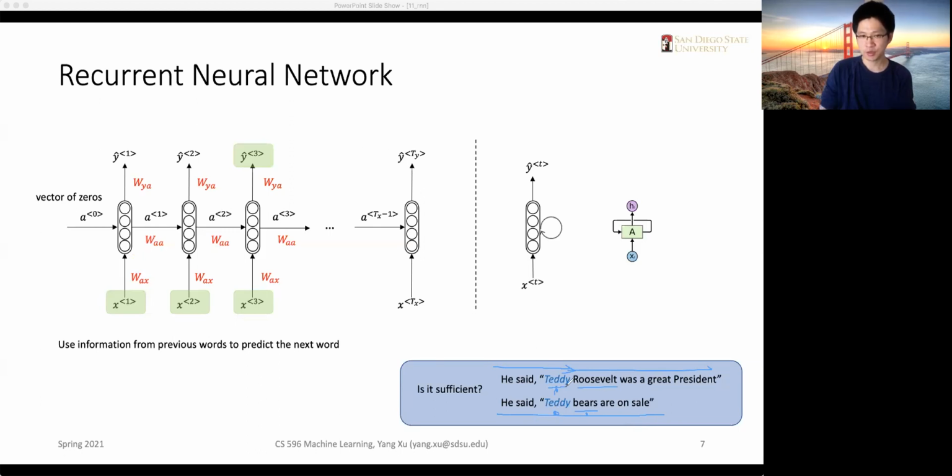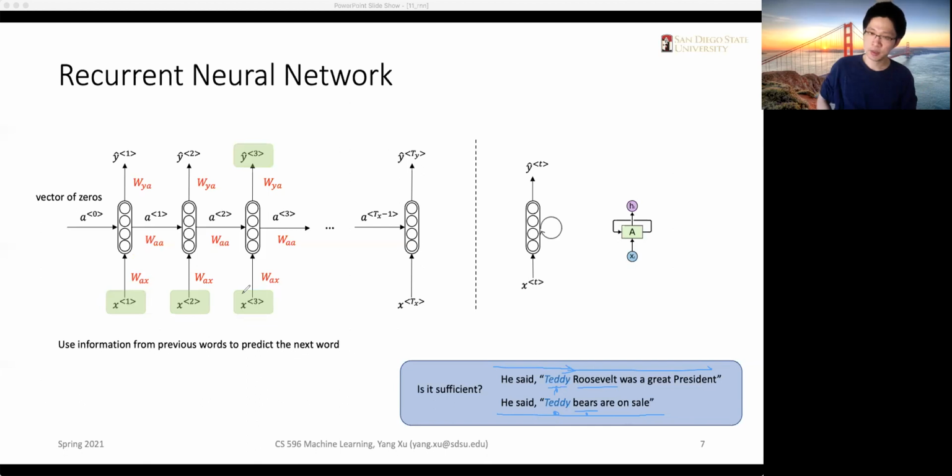So it seems that using just the information on the left, or the historical information, is not sufficient in predicting the current word. A more comprehensive way would be to use the information from both sides. We need to look both to the left and the right and use the context words to predict the word in the middle.